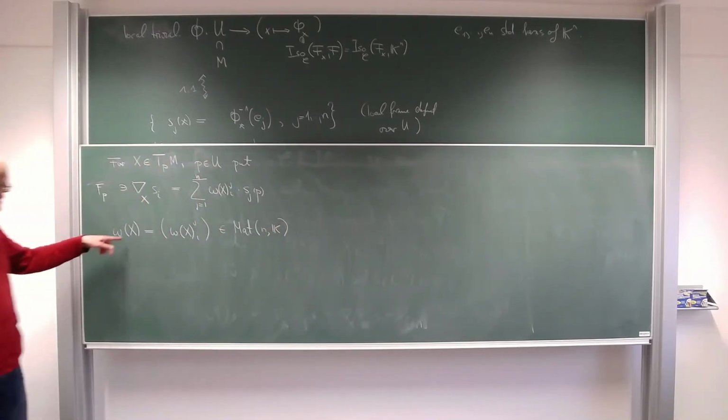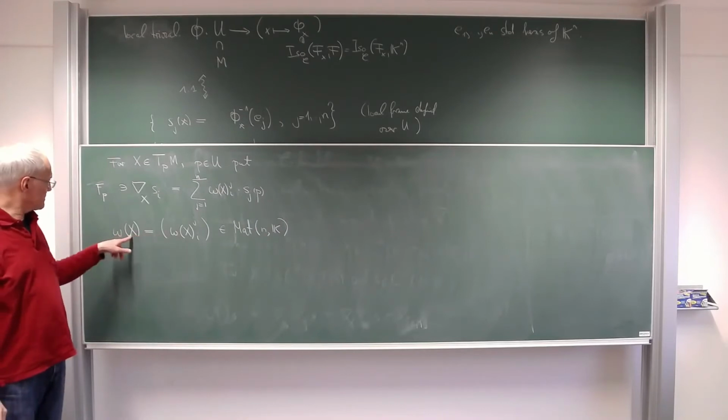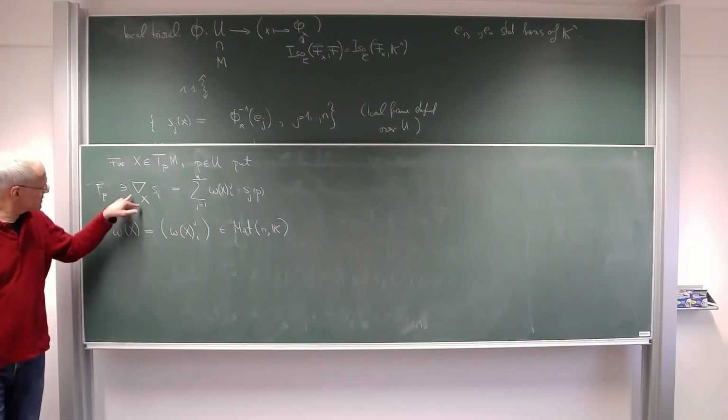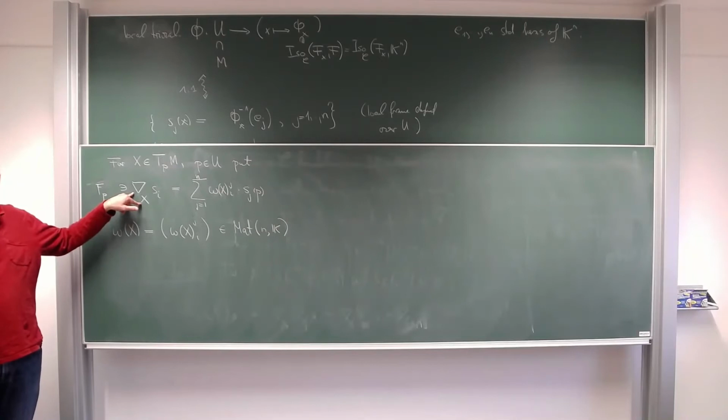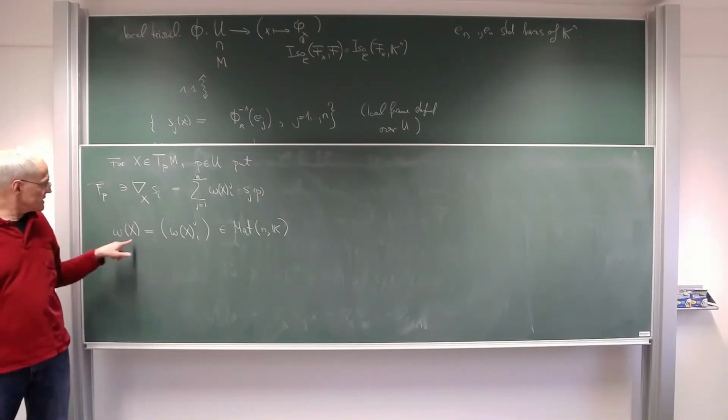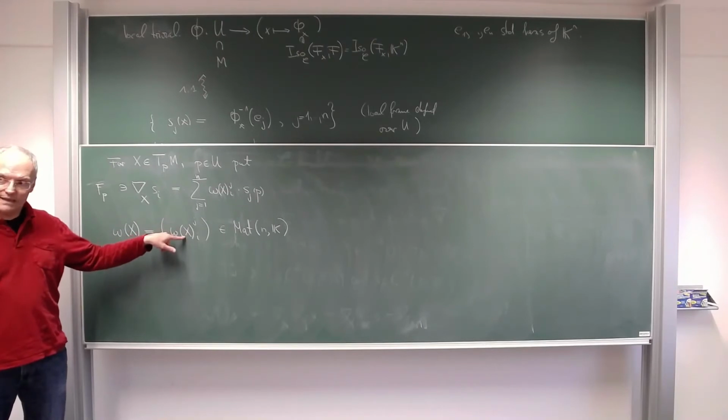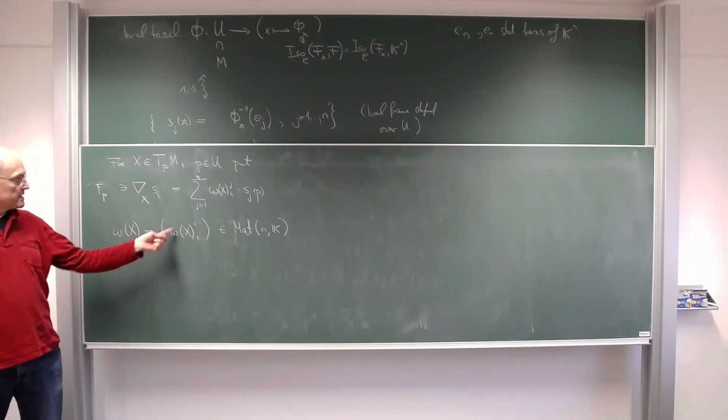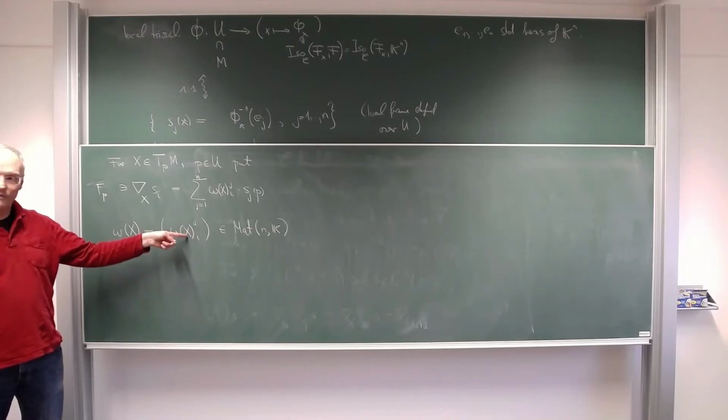And for each tangent vector, this depends linearly on x, right? So the covariant derivative in the vector bundle case is linear in x. So that also means that these coefficients depend linearly on x. And this means that these entries in the matrix, if I leave the x slot open, are actually one-forms.